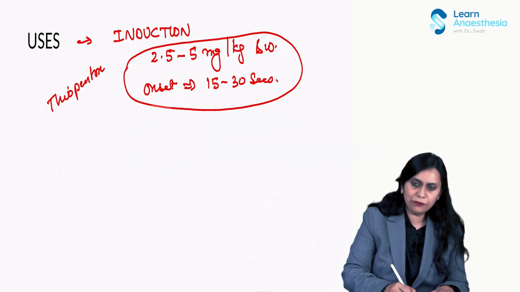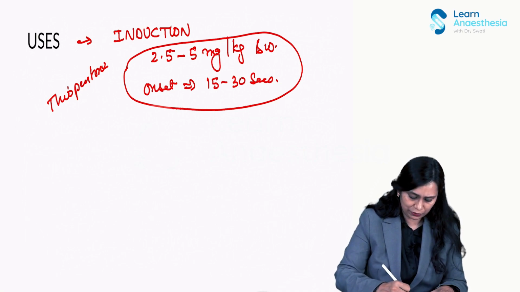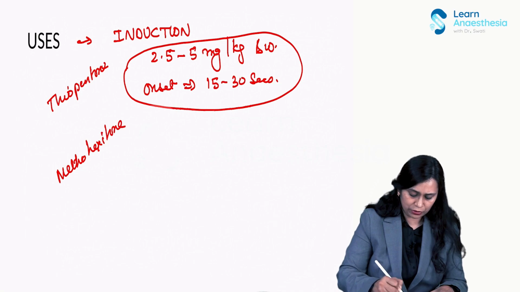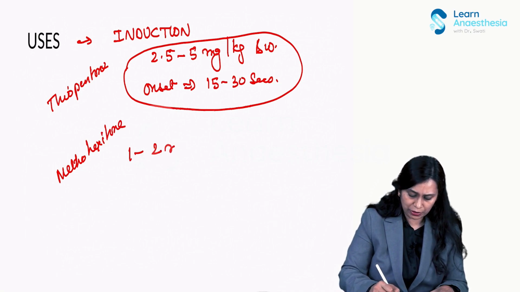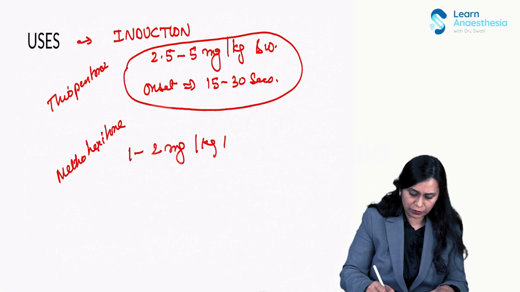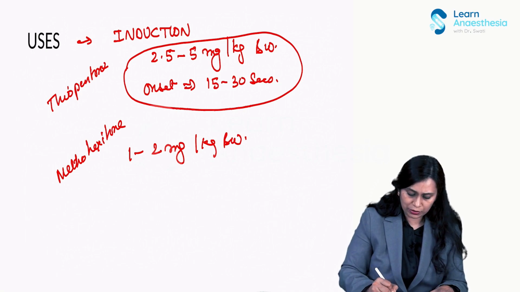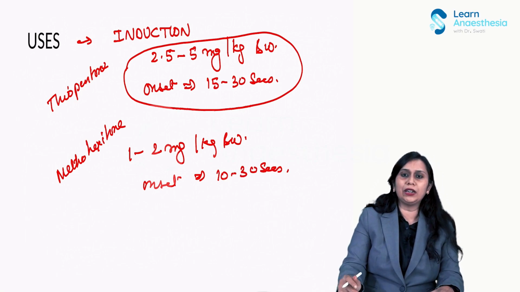And if you have methohexitone, the dose is 1 to 2 milligram per kg body weight. Onset is again the same, 10 to 30 seconds. Okay. So for anesthesia, mostly induction.